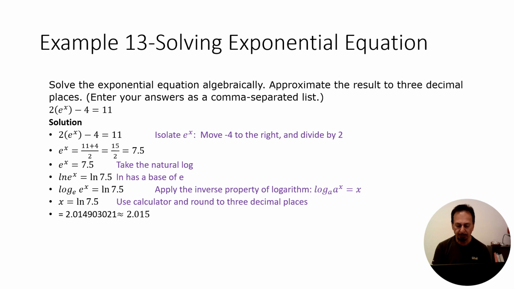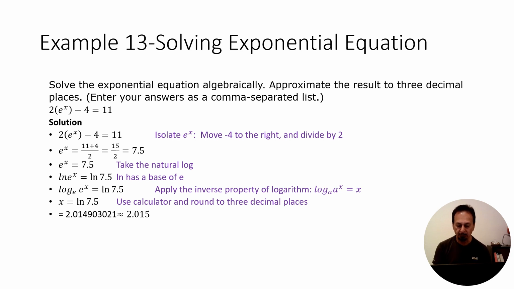Now we have e to the x equal to 7.5. There's no way I can write 7.5 as e to some power. So in this kind of situation, you always take the natural log. You put the natural log in front of each side. So it becomes natural log of e to the x, and natural log of 7.5. Now we try to simplify.